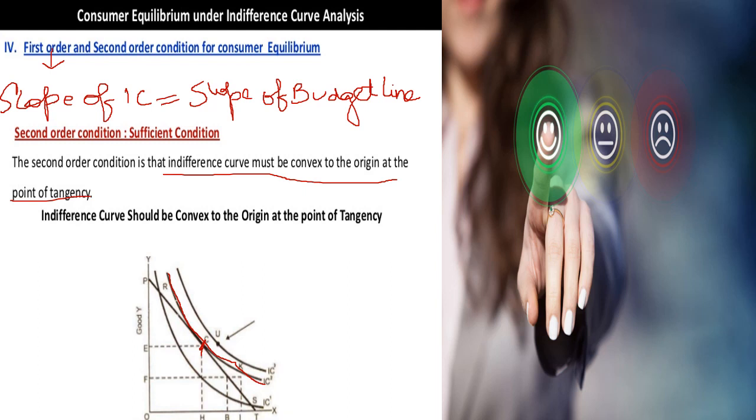In this diagram, PT is the budget line. It sets a budget constraint for the consumer that the consumer can't go beyond this line. Suppose we have taken income as rupees 60. That means this line PT denotes the income of the consumer, 60. और देखो जब आपकी income ही 60 है तो you can't go beyond this point.